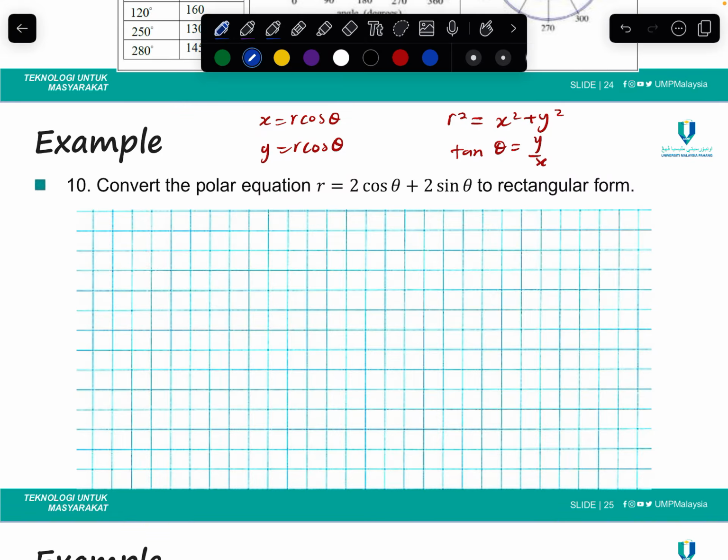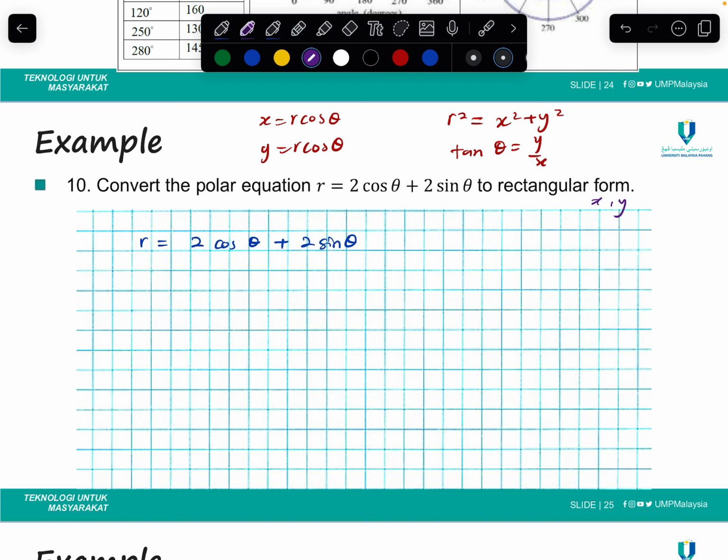For this problem, you have the equation r equals 2 cos theta plus 2 sin theta. This is polar. It involves the variables r and theta, so this is a polar equation. We want to convert it into a rectangular equation, which has x and y variables. So how do we change this expression?